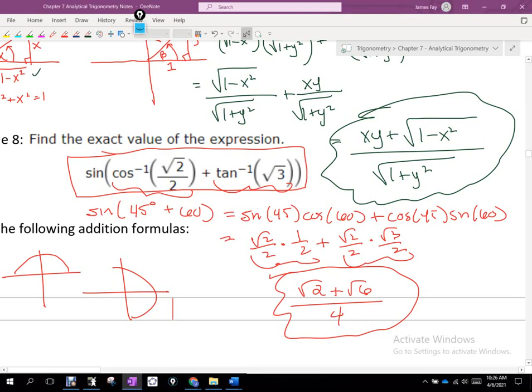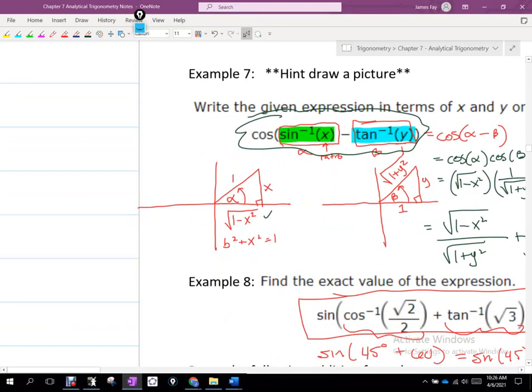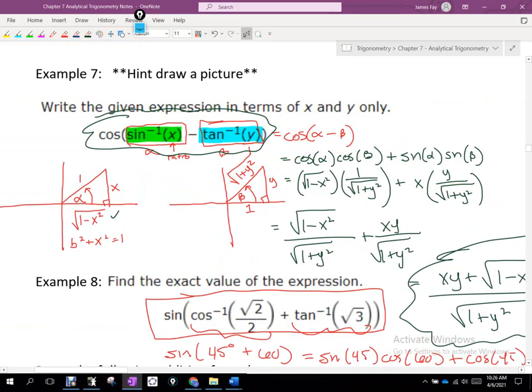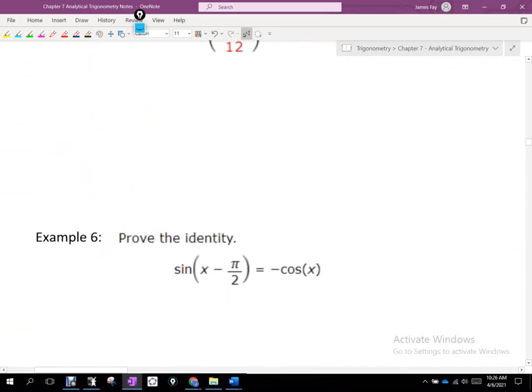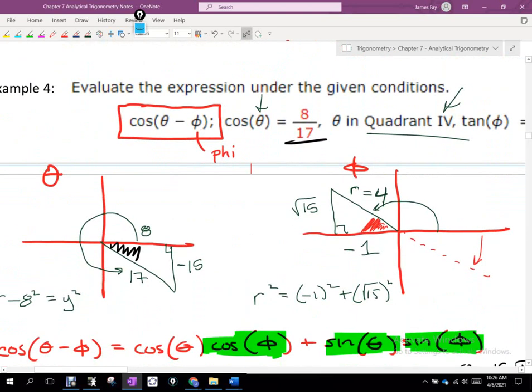I think those are especially example 7, okay, and example 4 that we did yesterday. I think those are some of, if not the most difficult types of questions that we will see in the whole course. Okay.